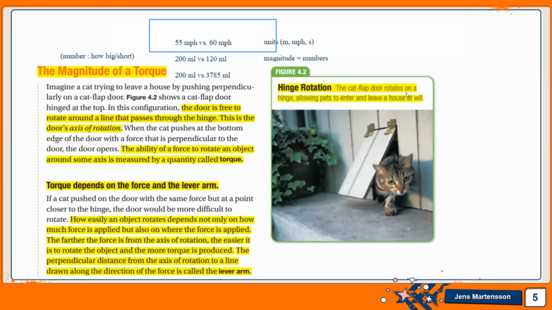Between those two, which one has more magnitude? You can write it in the chat if you are too shy to speak. 60 miles per hour, that is correct.